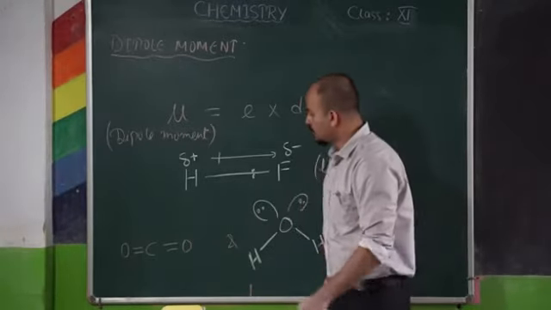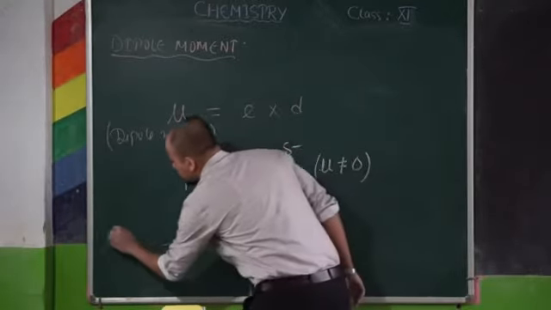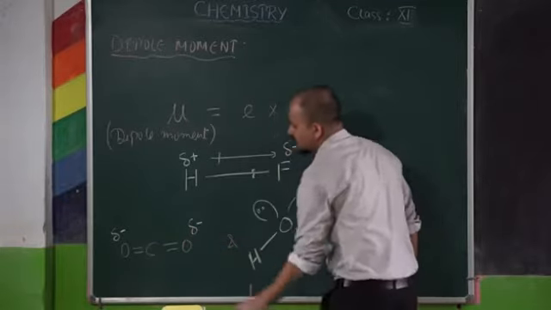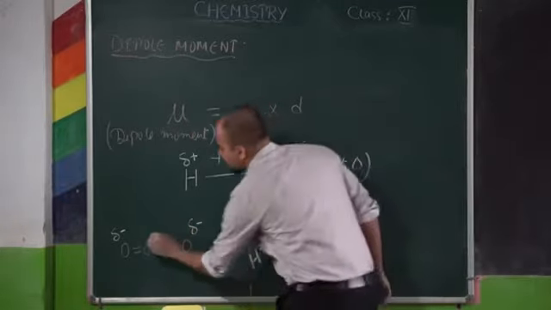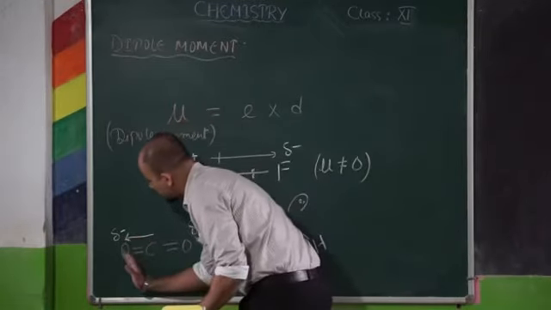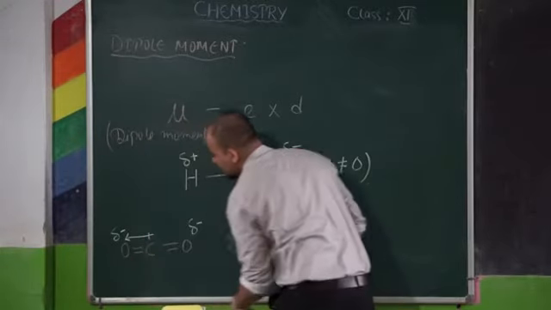Now here, in carbon dioxide, oxygen is more electronegative than carbon. On this side, oxygen is more electronegative than carbon. Whenever you consider this carbon and oxygen bond only, it has a net dipole moment towards the oxygen side.